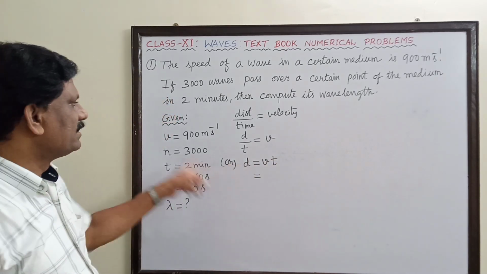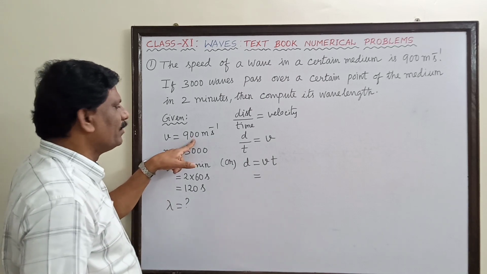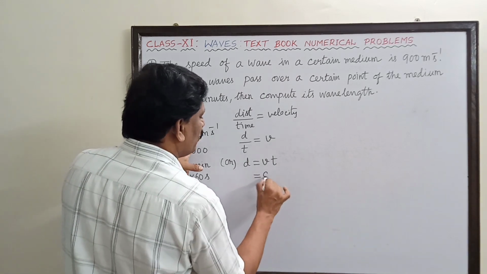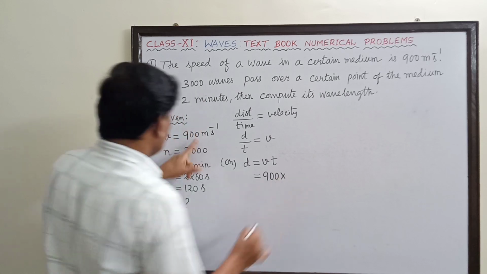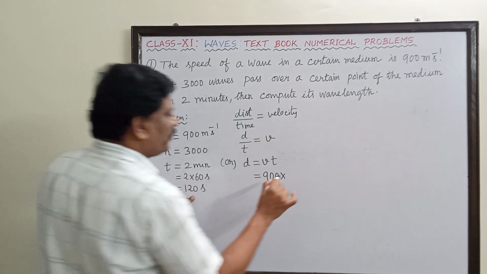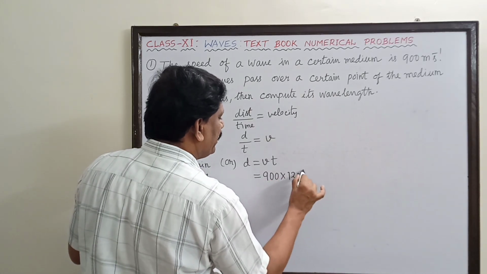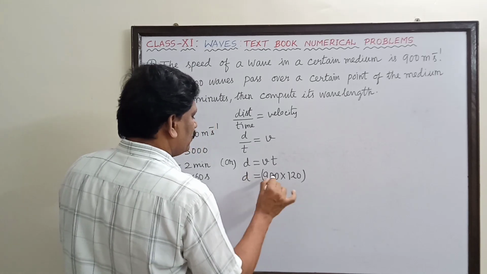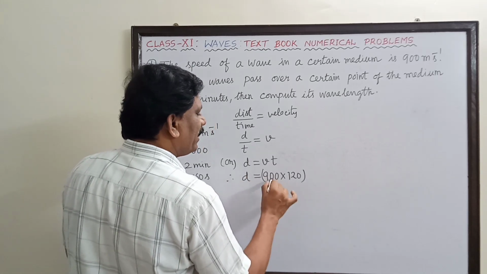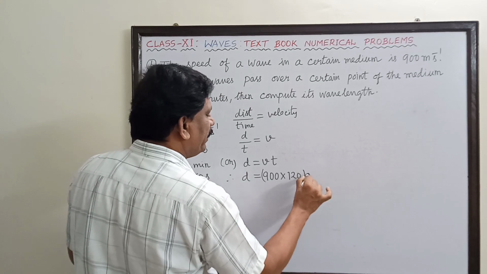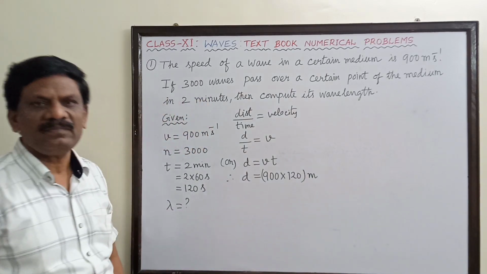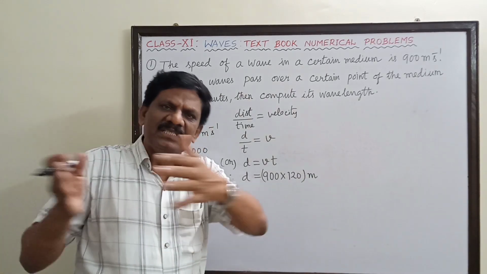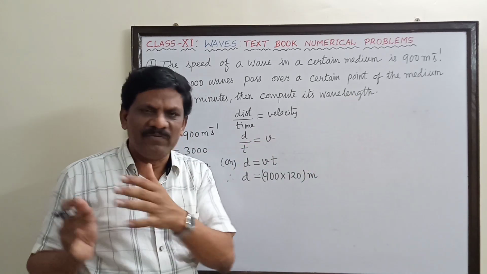So how much distance these waves are traveling is the product of velocity into time. So 900 into the time taken, 120. So d is equal to 900 into 120 meter. So this much distance has been traveled by the waves.